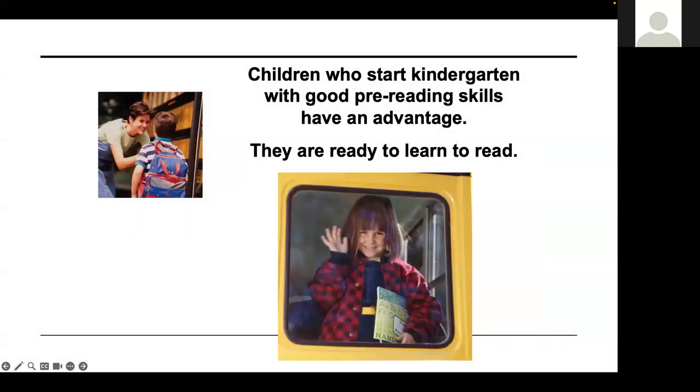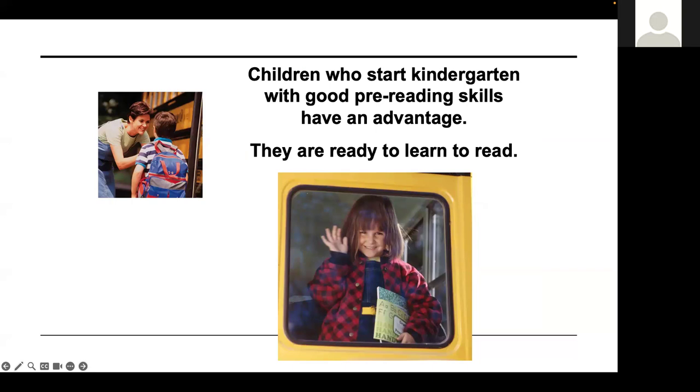So the first slide here is asking us to keep in mind that children's reading success in kindergarten and beyond begins with those positive language and literacy experiences from the time they're infants. So if children develop pre-reading skills before they start kindergarten, they can focus on learning to read once they begin school.